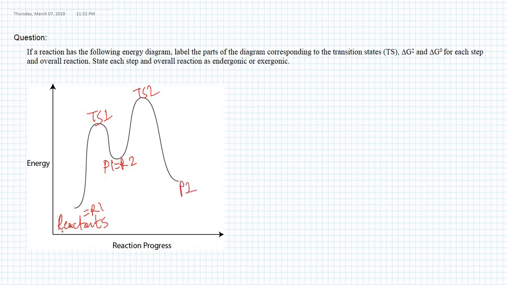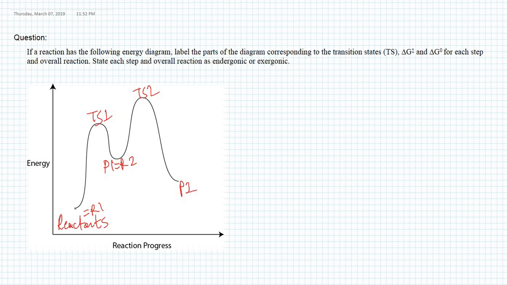Okay, after labeling reactants of the first step, transition state of the first step, product of the first step, and reactants of the second step, which are the same, then the second step's transition state and the second step product.